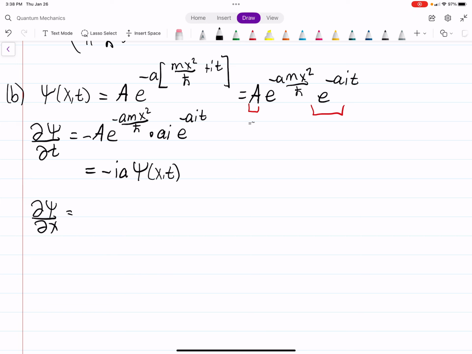So when we do this, that's minus 2a m over h bar, and then you just have e to the minus a m x squared over h bar, and our constant e to the minus i a t. This can also be written as minus 2a m over h bar times your original wave function.